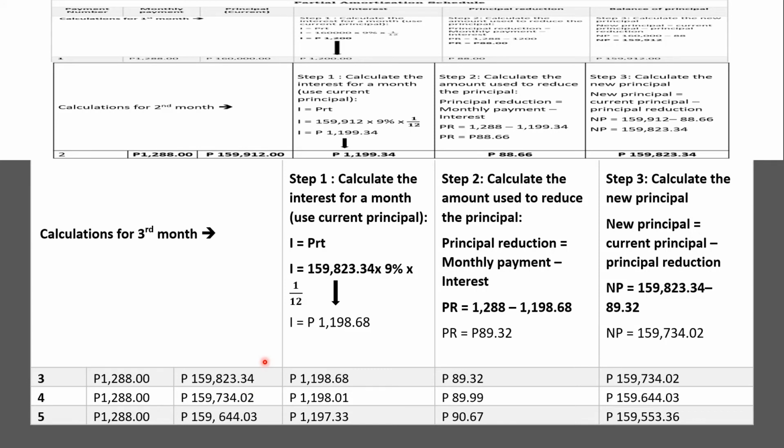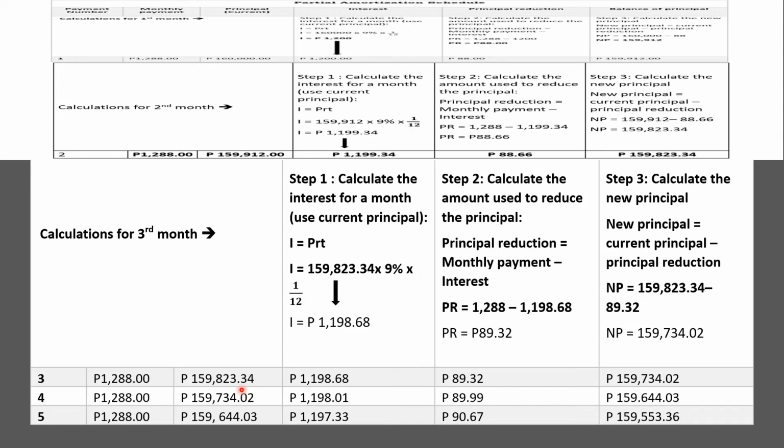So, from first monthly payment, 160,000 pesos. Second monthly payment, it became 159,912 pesos. And now in our third monthly payment, it became 159,823 pesos and 34 centavos.